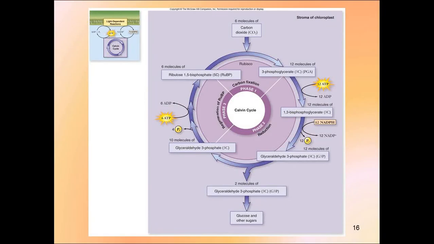This is a visual of the Calvin cycle. It shows carbon dioxide coming in at the top, being converted to PGA and G3P molecules on the right, and leaving the cycle as glucose at the bottom. It's also showing those G3P molecules being converted back to RUBP on the left, and the cycle beginning again.